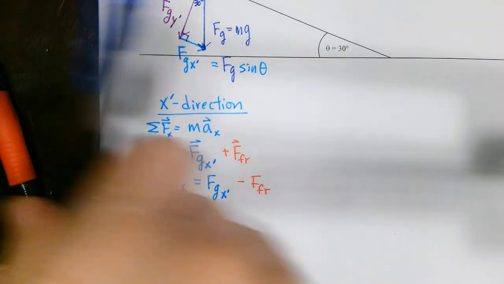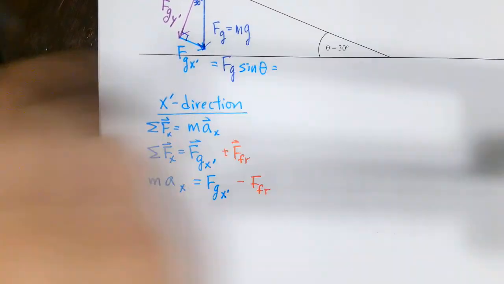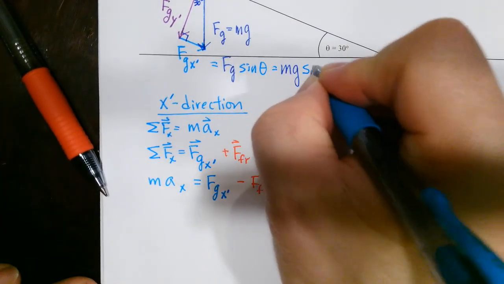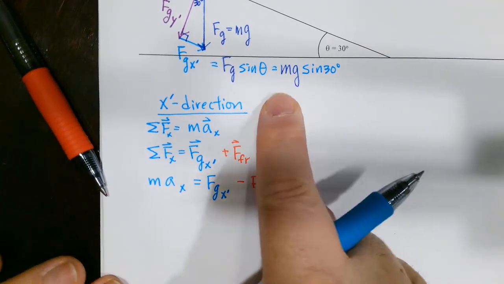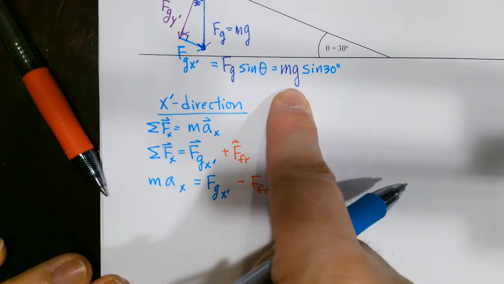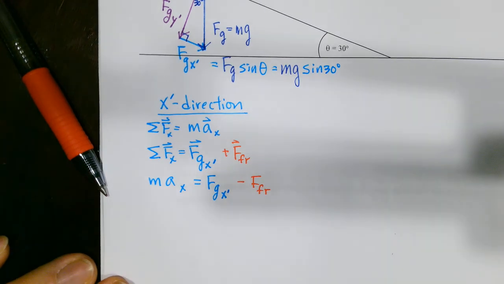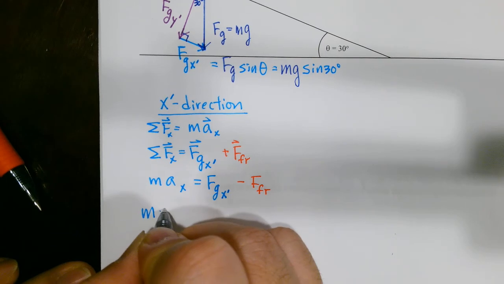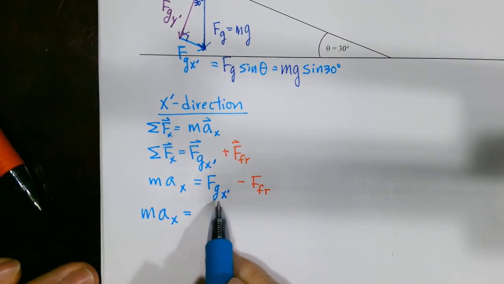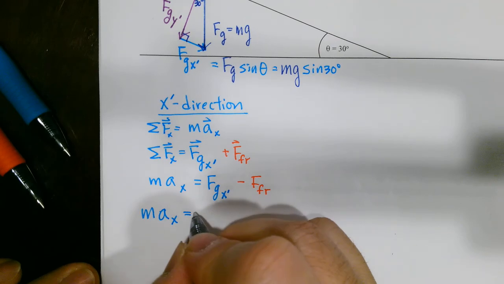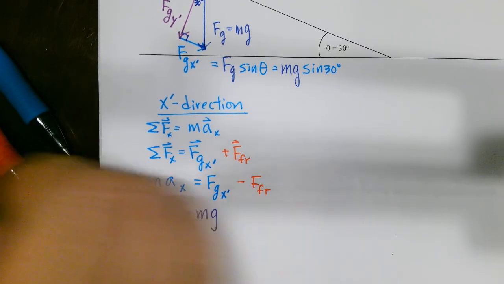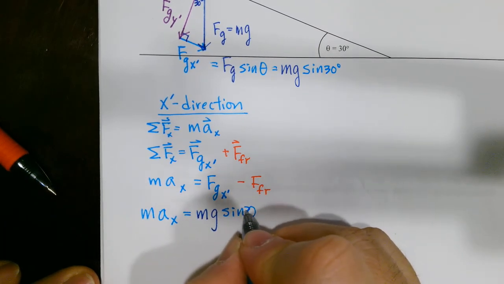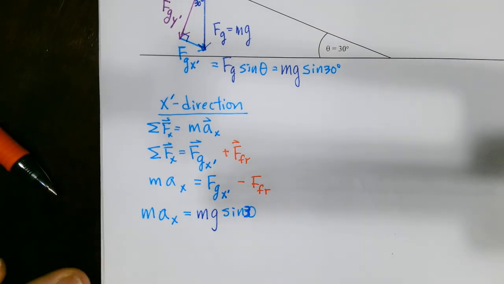Remember that? And that is also equal to m times g times sine of 30 degrees, because we don't know what m is. We know g and theta, but not m, so we're going to leave it as m. So m a x is equal to mg times sine of 30 degrees. Just leave it as that.